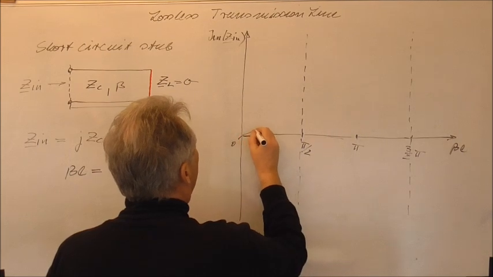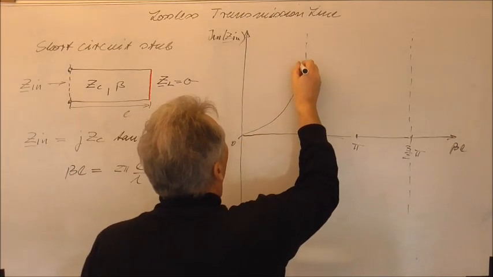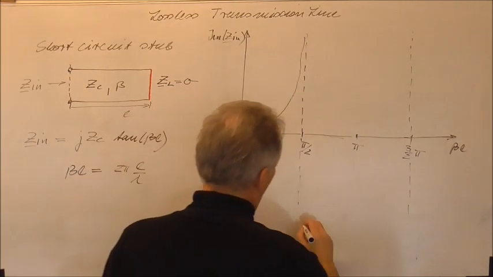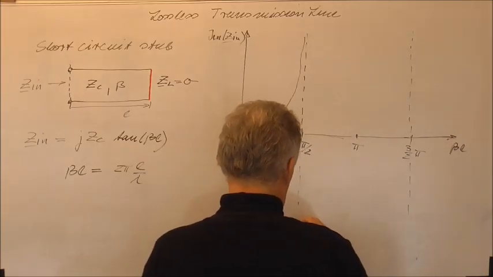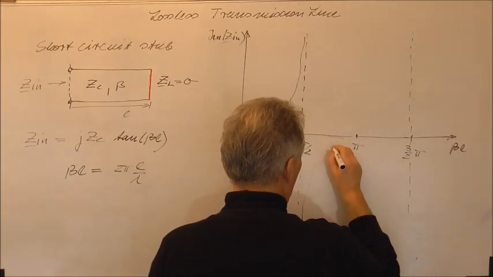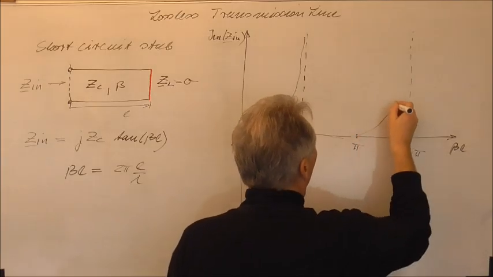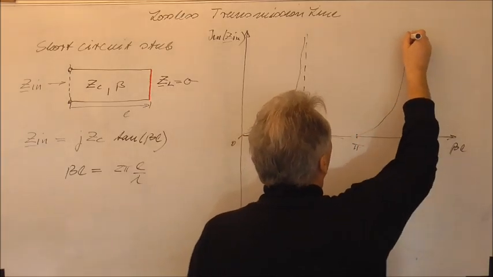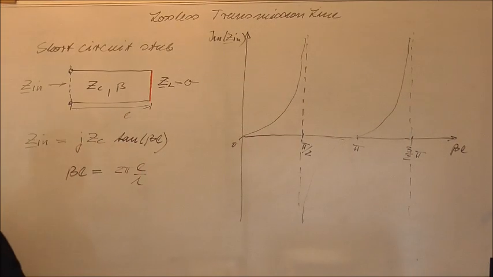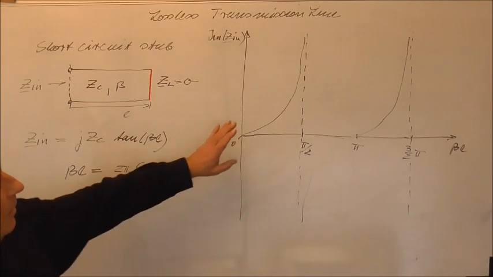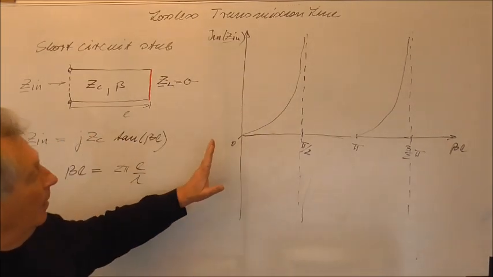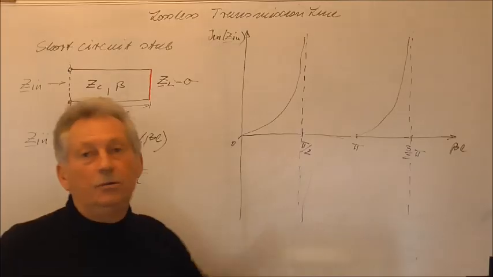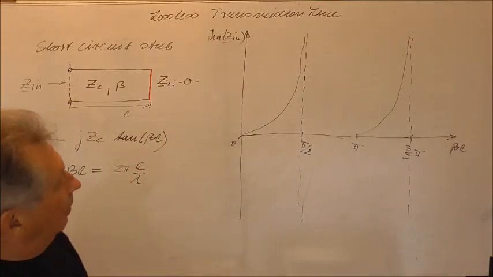It starts at 0 and then goes to infinity, then it will change to minus infinity and undergoes a 0 and then goes to infinity again. So this is because the tangent function is periodic, and of course we don't assume that we have some losses here.